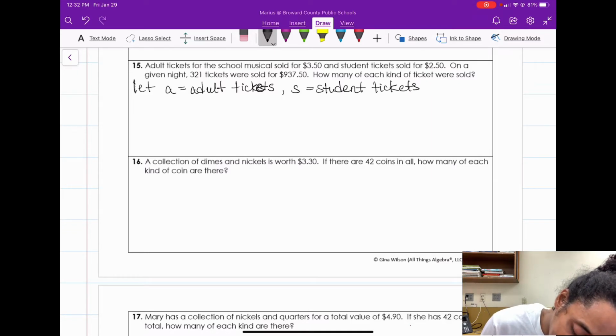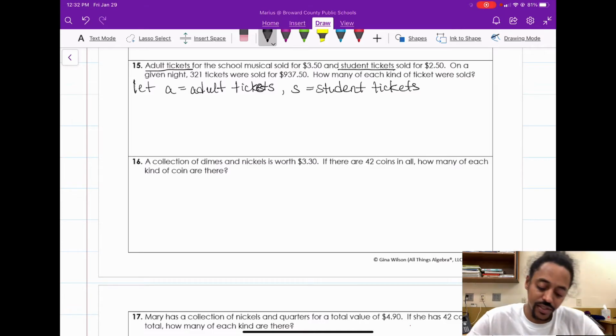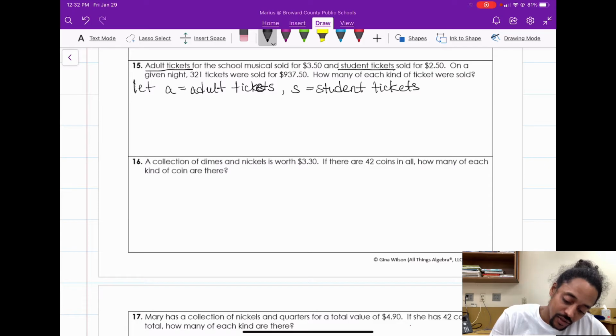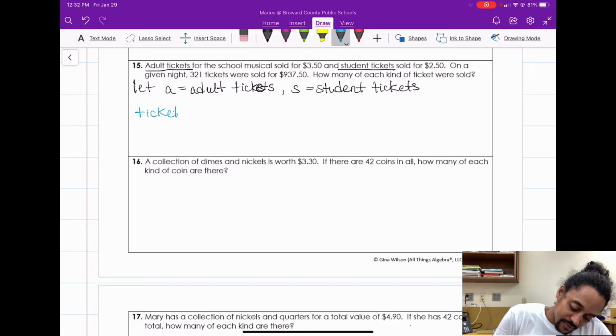Okay, and we see that here. Adult tickets, student tickets. Now, once again, we have a total for each. We know how many tickets were sold total, and we know the cost of each type of ticket. So one of our equations is going to be for the tickets, and the other equation is going to be based on the cost.